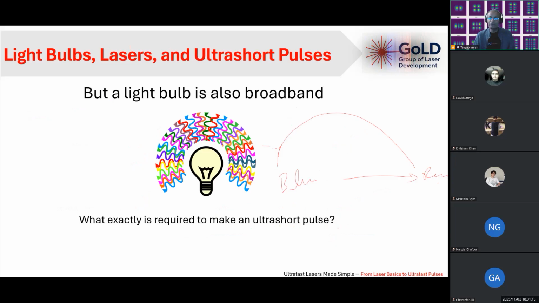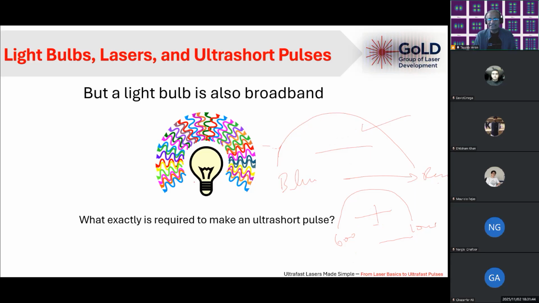And same in case of ultra short pulses, we need a broad spectrum, maybe from 600 to 1000 nanometer. Here is also a broad spectrum. Then why can't we say that the bulb is also an ultra short pulse? It's not, first of all, a pulse.